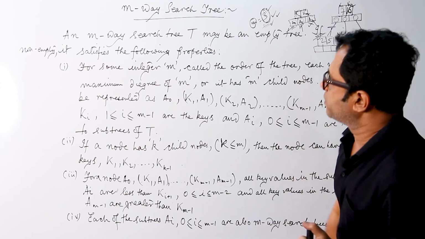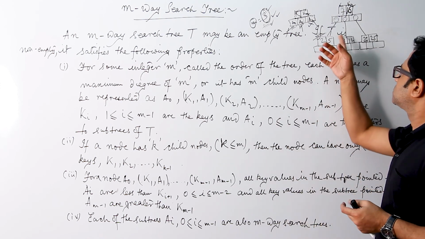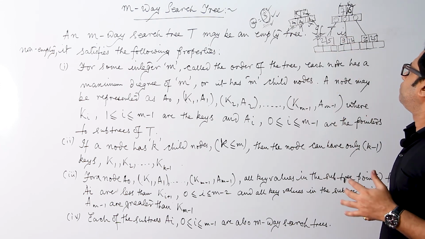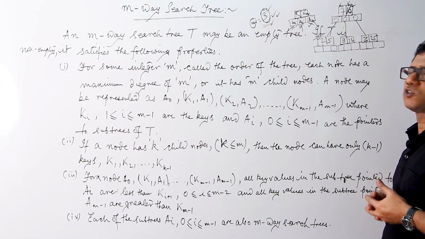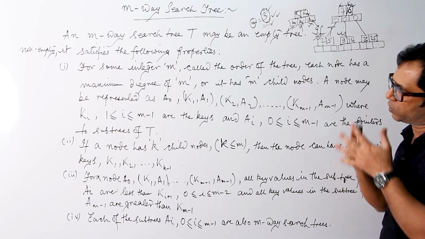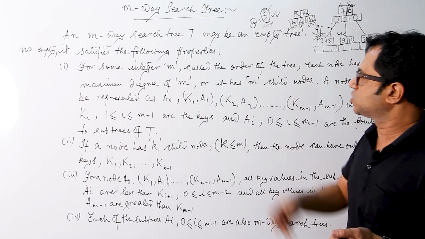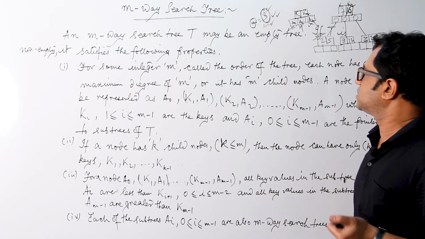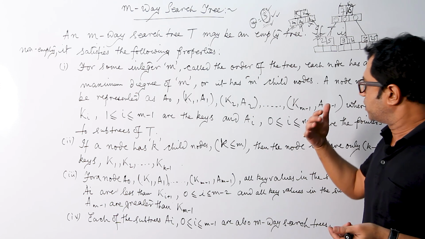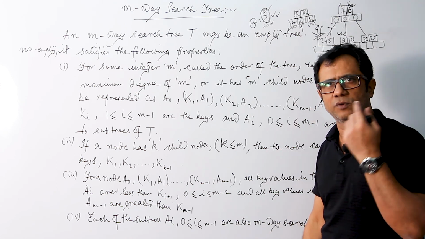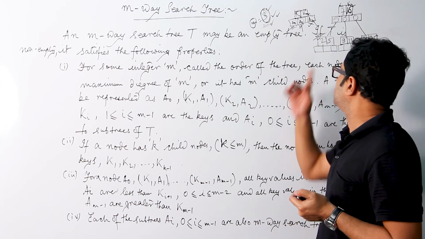A little bit of explanation has been given over here by means of a very small example. You can get a brief idea of how the M-way search tree looks, what it covers, and what properties need to be satisfied in case of an M-way search tree. We will carry on with our discussion of the M-way search tree in our later videos, where we will perform some operations on it.